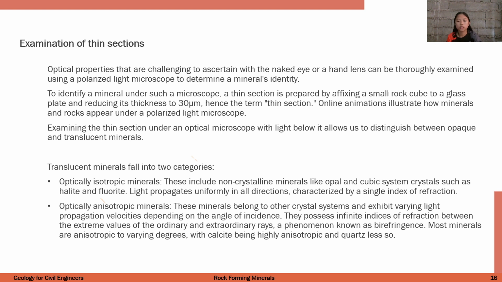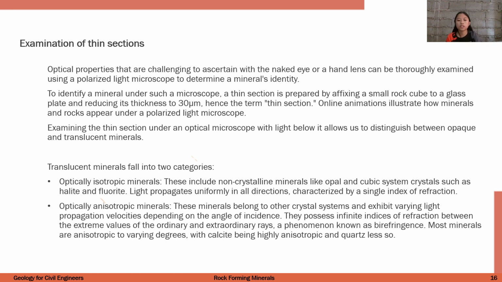light bends. Ang optically anisotropic naman, ito ay isang mineral na belong sa other crystal systems, and ang light dito nagmo-move at different speeds. So, different speeds depende sa angle, it depends on the angle it hits them.